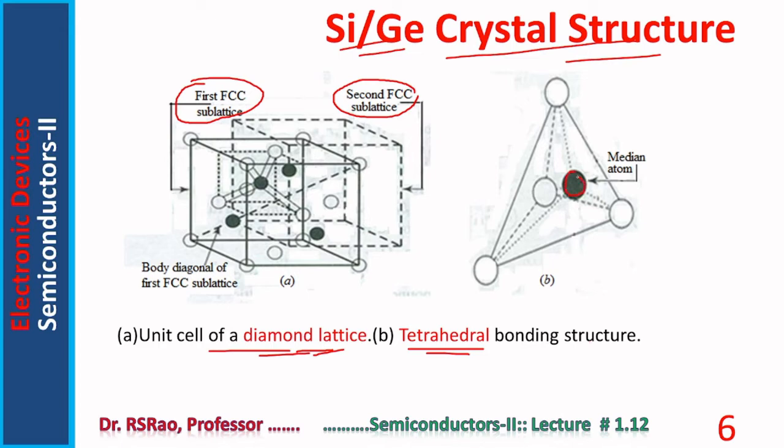This atom is bonded to 4 surrounding atoms through covalent bonds. Each and every atom in the crystal is bonded to 4 other atoms.